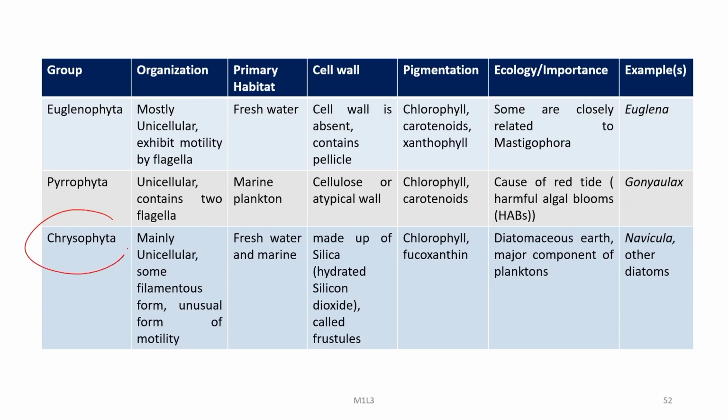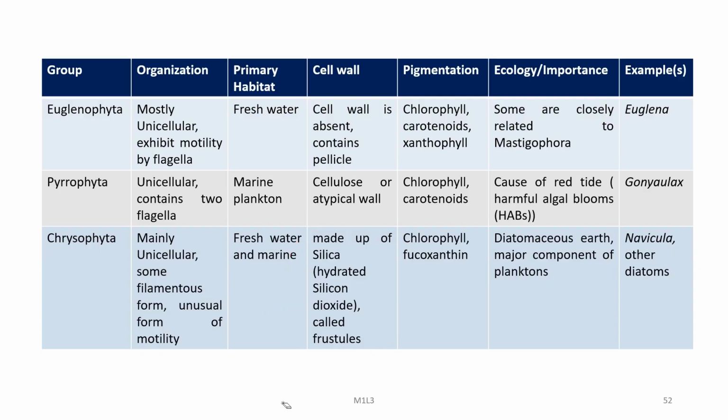Then we have Chrysophyta. These are mainly unicellular, some filamentous in appearance, with an unusual form of motility. They are found in both freshwater and marine water, and their cell wall is made up of silica, hydrated silicon dioxide, called frustules.